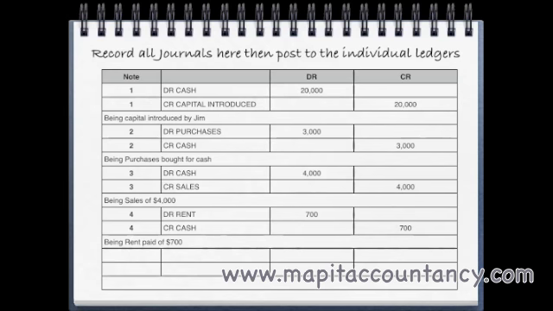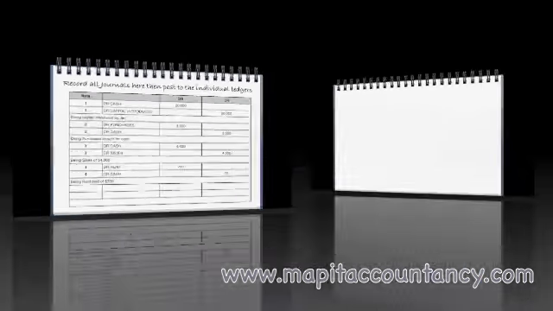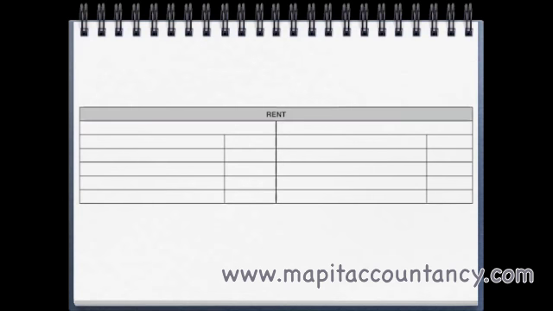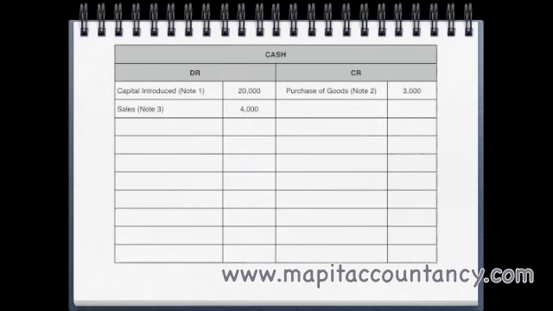Let's post this to the ledger accounts. So we have no account for rent paid yet. So we create a new ledger account and we said that we need to debit in the rent paid from note 4 of 700. So debit rent paid with 700. We now need to deal with the cash, so let's post that into our cash account. So far in our cash account we have the capital introduced, the purchase of goods and the sales.